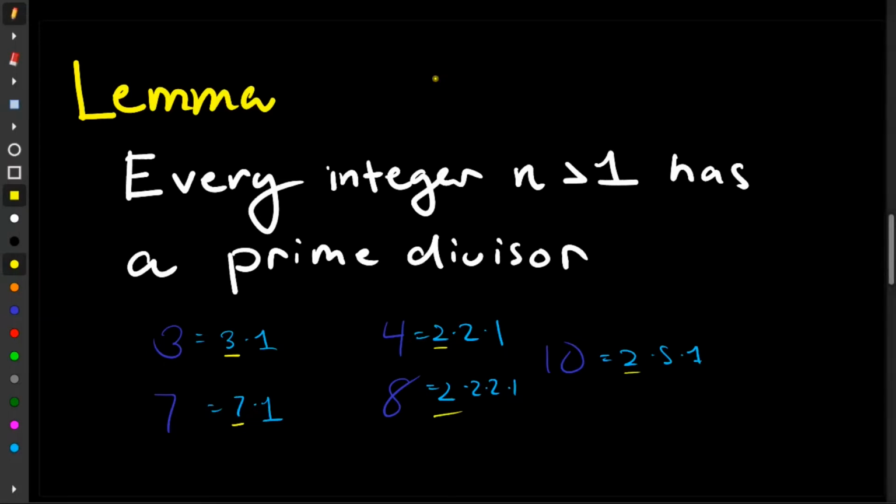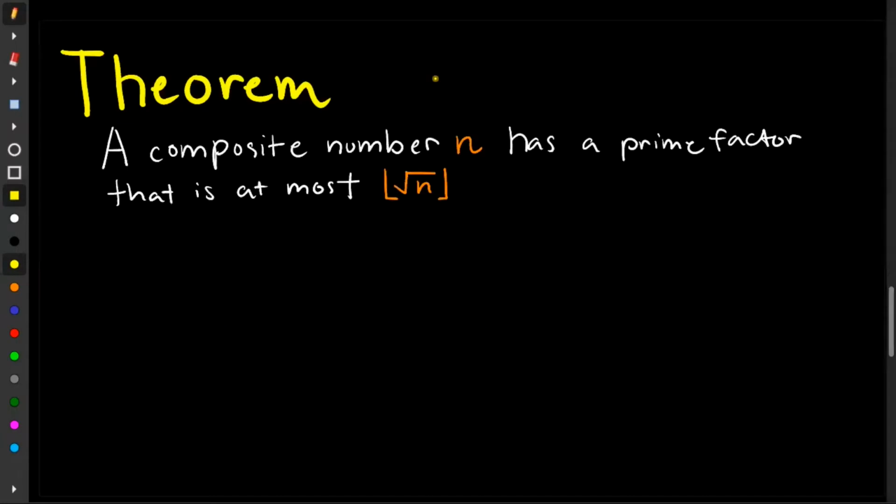So let's start proving our theorem. In proving, we first check what we are given. We are given a composite number n, and we'll be taking advantage of this idea of composites. What we need to show is that this n has a prime factor that is at most the floor of the square root of n.